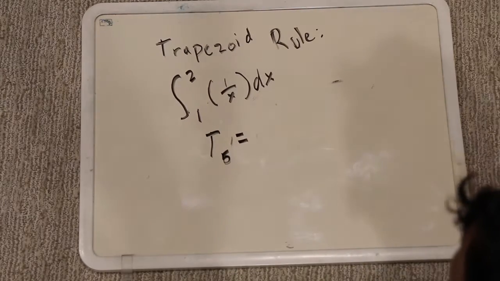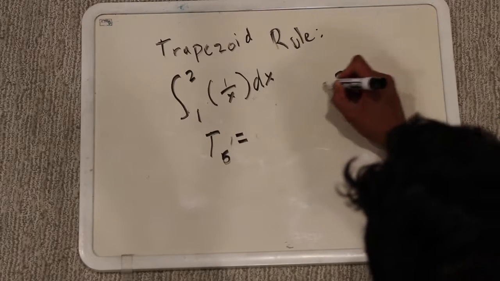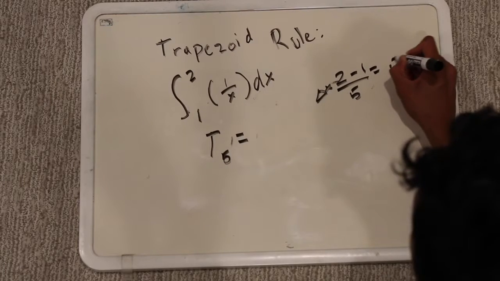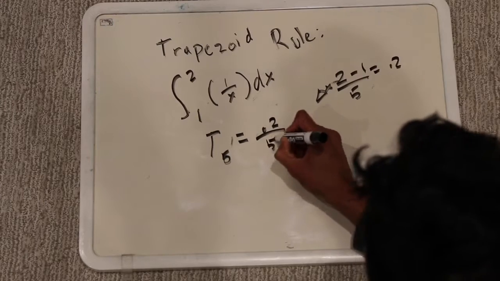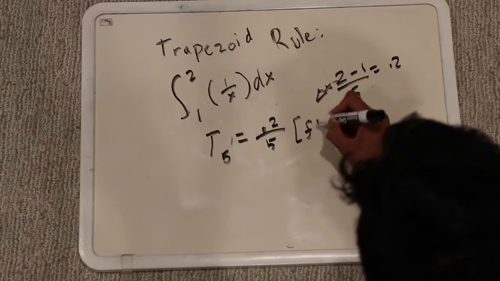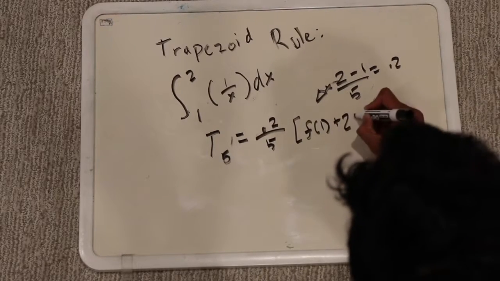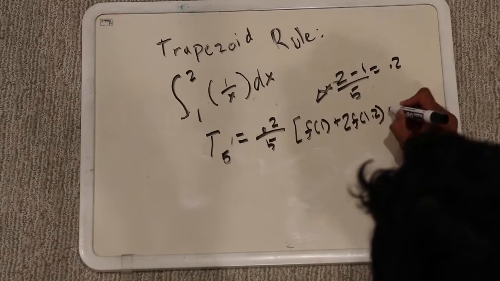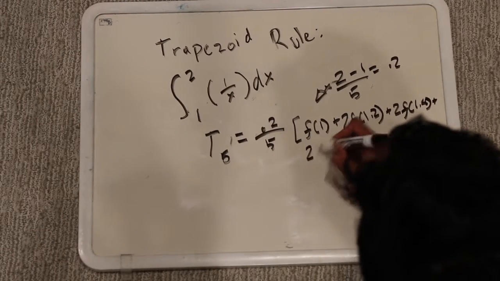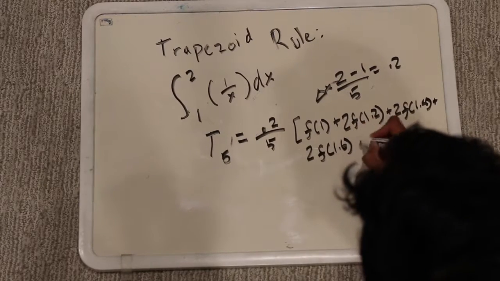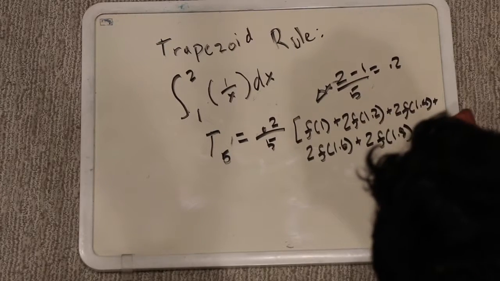Delta x would be 2 minus 1 over 5, which would give us 0.2, and we know that this will be constant, so we plug that right into our equation: 0.2 over 5 times f of 1, and it would essentially be 1, plus 2 f of 1.2 plus 2 f of 1.4 plus 2 f of 1.6 plus 2 f of 1.8 plus f of 2, right?